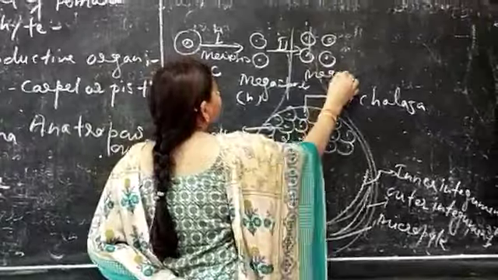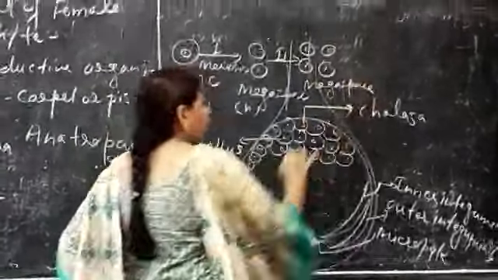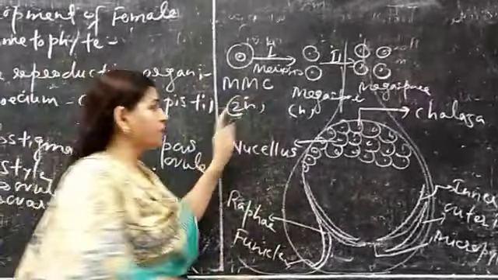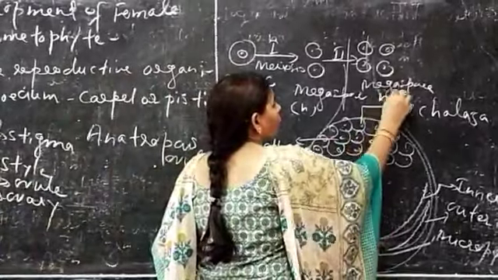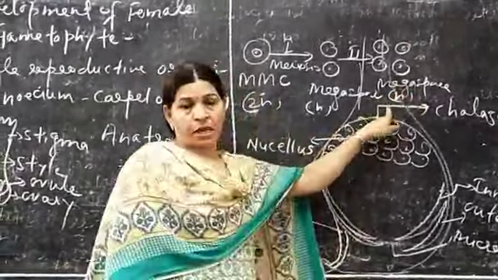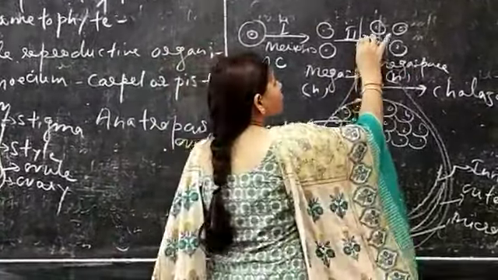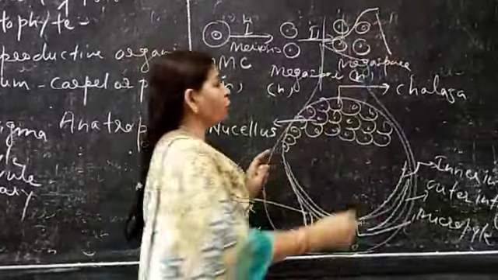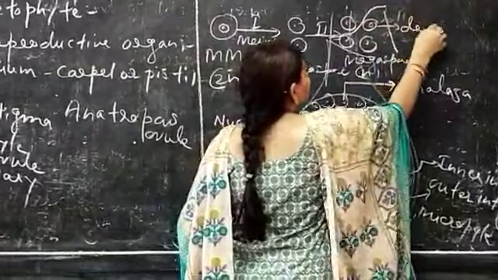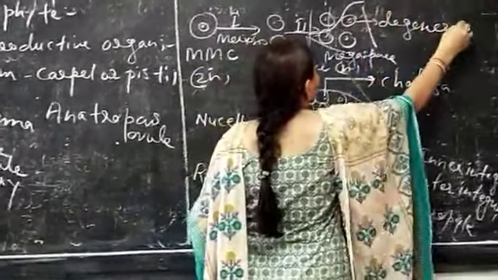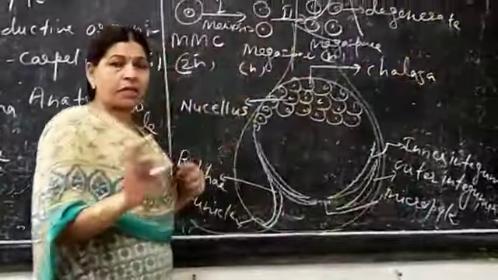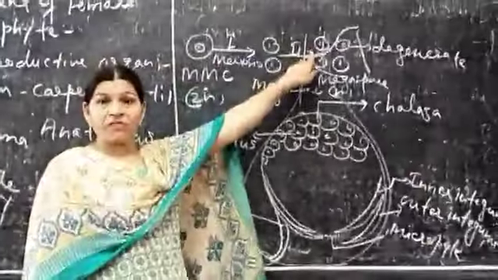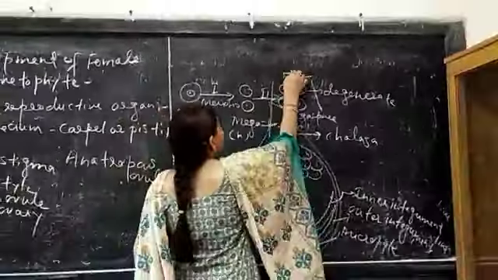The net result of meiosis division of the megaspore mother cell is four haploid megaspores. Out of four megaspores, three degenerate, that is, they disappear. Only one functional megaspore is left.